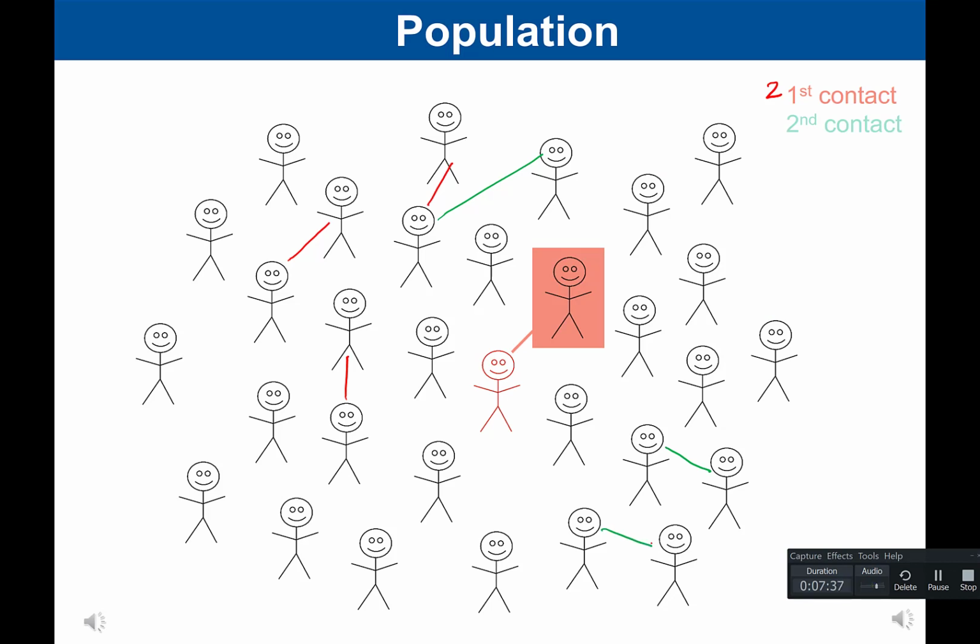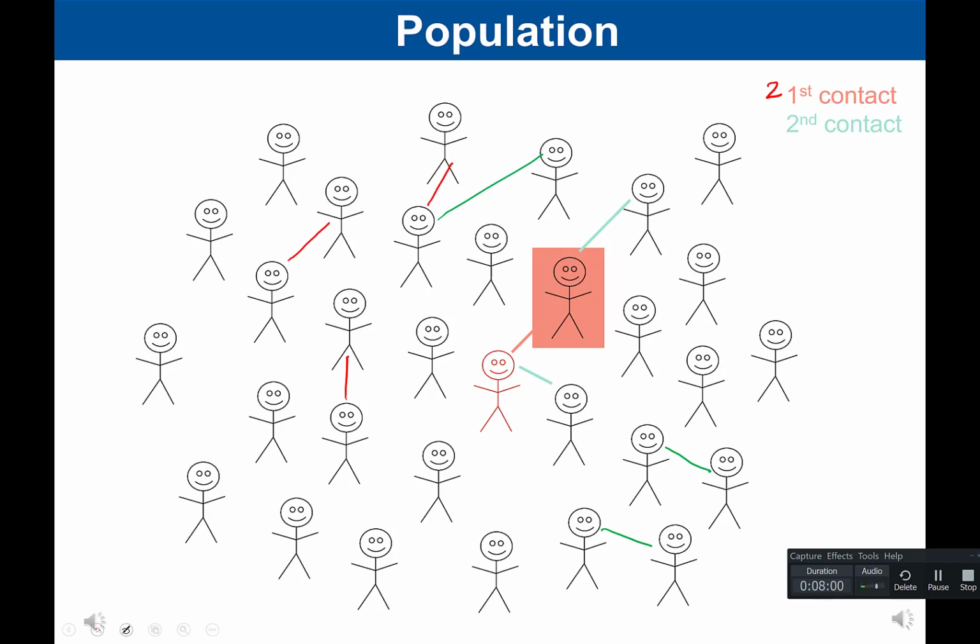So now people have a second sexual encounter. So they're going to come in contact with a new partner. And so what's going to happen is that each of these people, the person who started with the disease initially and the person who contracted it, they both make a sexual contact. So that's this green line.